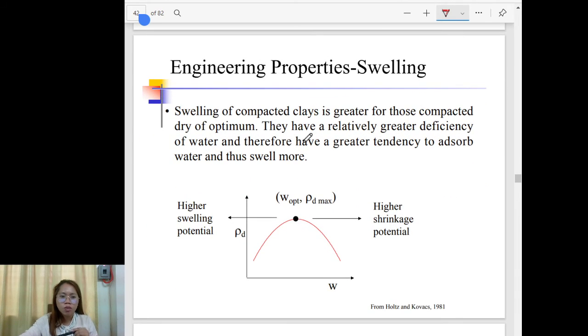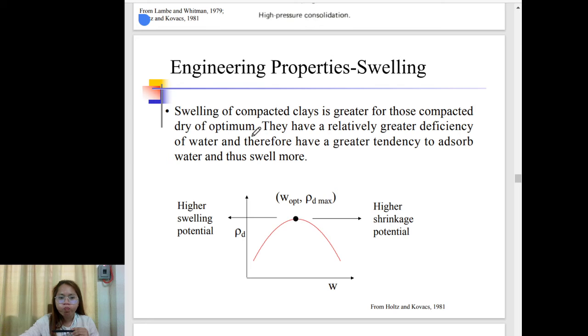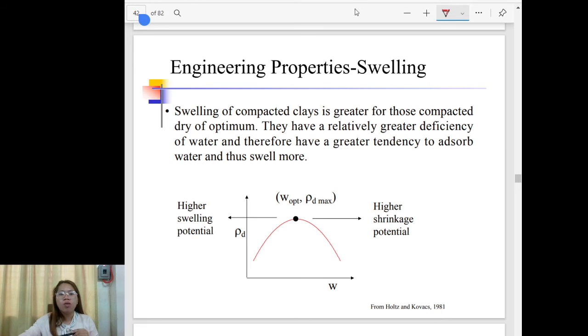In terms of swelling, swelling of compacted clays is greater for those compacted dry of optimum. They have a relatively greater deficiency of water and therefore have a greater tendency to absorb water and thus swell more.